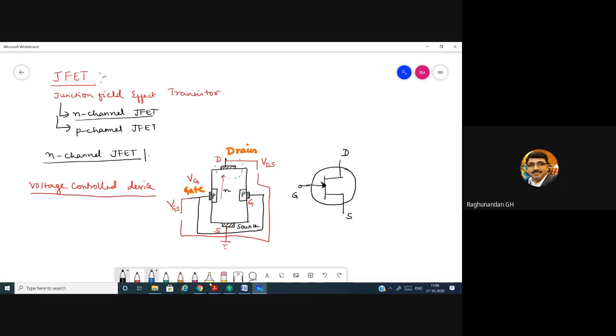What kind of voltage should be given here?